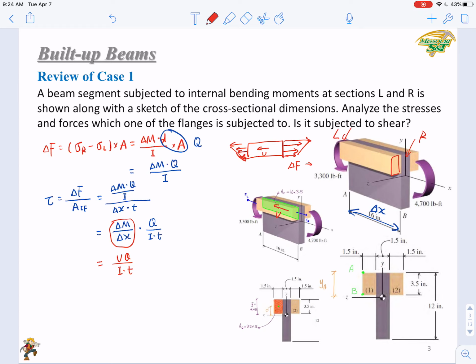So the shear will not be carried by the whole interface, but by the bolts. In case 1, the shear is carried by the entire interface. But if you are not using glue, you're using bolts to connect these pieces together, then only the bolts will carry the shear. So here is the difference.